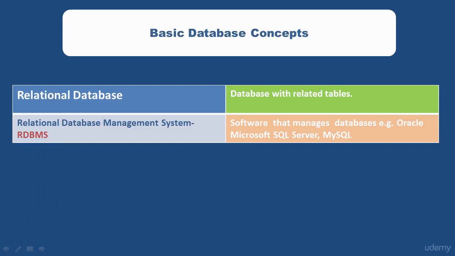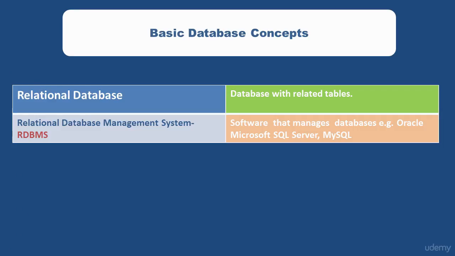There are two other concepts I want to illustrate with you. We've got the relational database. A relational database is a database with related tables. Also, we've got the concept of relational database management system, referred to as RDBMS for short.